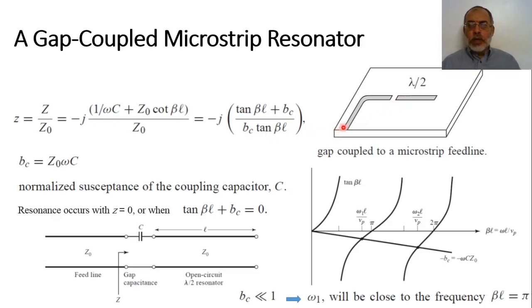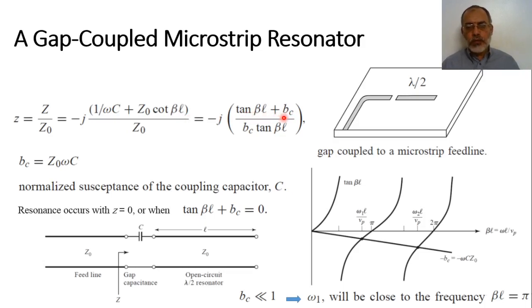However, when we connect this open circuit resonator through the capacitor or the equivalent capacitance to the feeding transmission line, we are looking now for the resonance of the normalized impedance small z when the numerator equals 0.